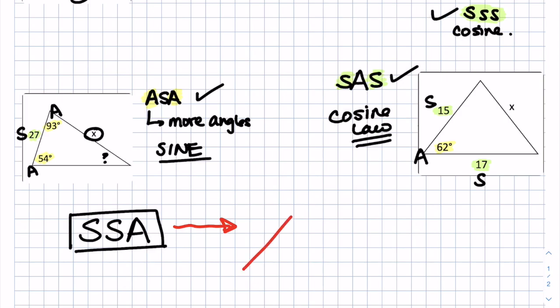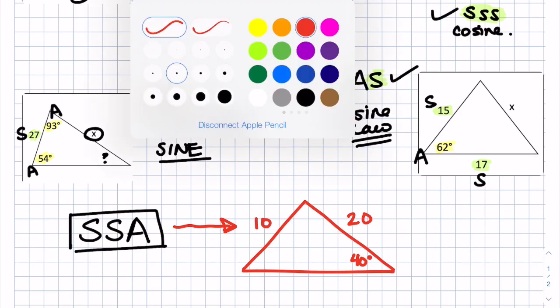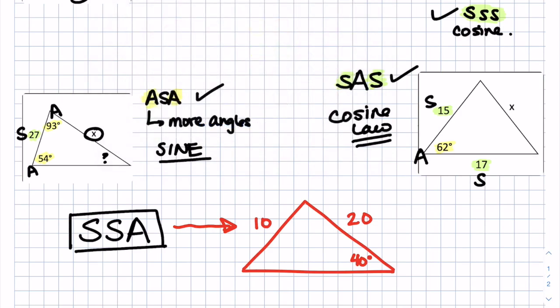If you had, for example, a triangle, and you knew this side was 10, this side was 20, and you knew this angle was 40, and you wanted to know this angle right here, then you could easily use the sine law.